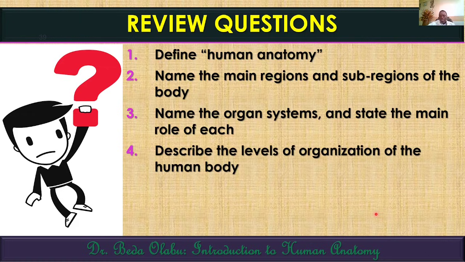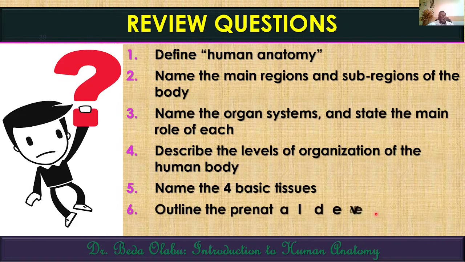I believe you can also describe the levels of organization of the human body from simple, you can start from atom, up to complex, the organism. You're able to name the 4 key basic tissues, and you can outline for us the prenatal developmental periods as I've done to you.